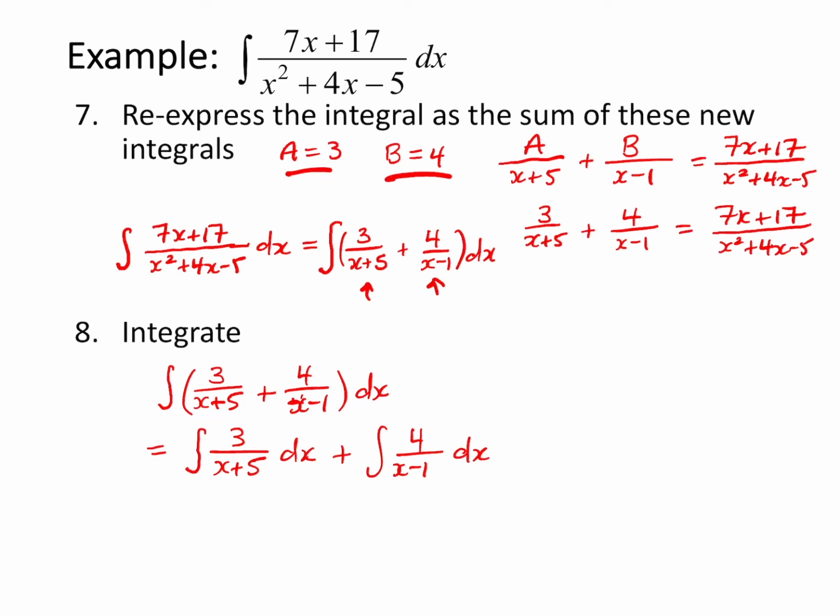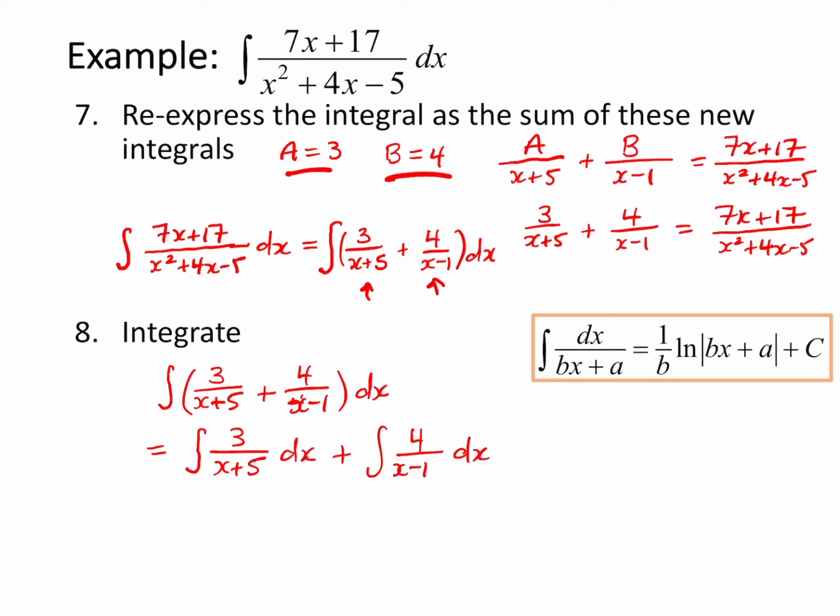Importantly, what we're going to use is this rule that if we're integrating a linear expression in the denominator, so bx plus a, and I say it's linear because the exponent on the x is just a 1, then the result is 1 over the b times the ln of that denominator plus c.